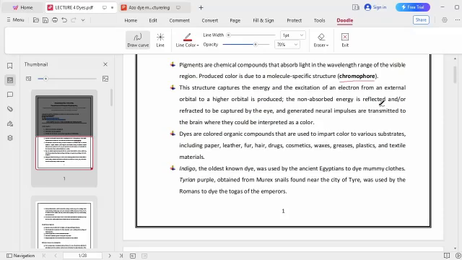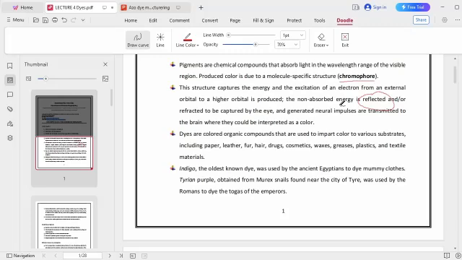So not all the energy is absorbed. Some of the energy can be reflected. Some of the energy also can be scattered in different directions, whereas some of the energy can be transmitted through.